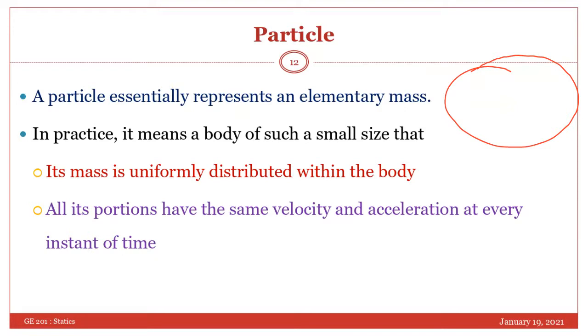That means each and every portion of the football is moving with the same velocity. And if it has acceleration, because before it was zero velocity and now it has some other velocity, the acceleration is also the same for all portions of the body. Then this body can be treated as, or called, a particle in statics.